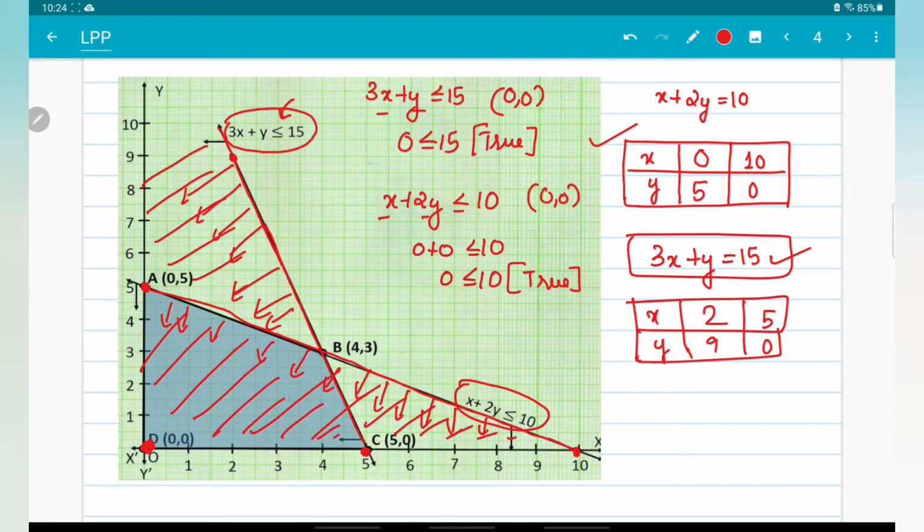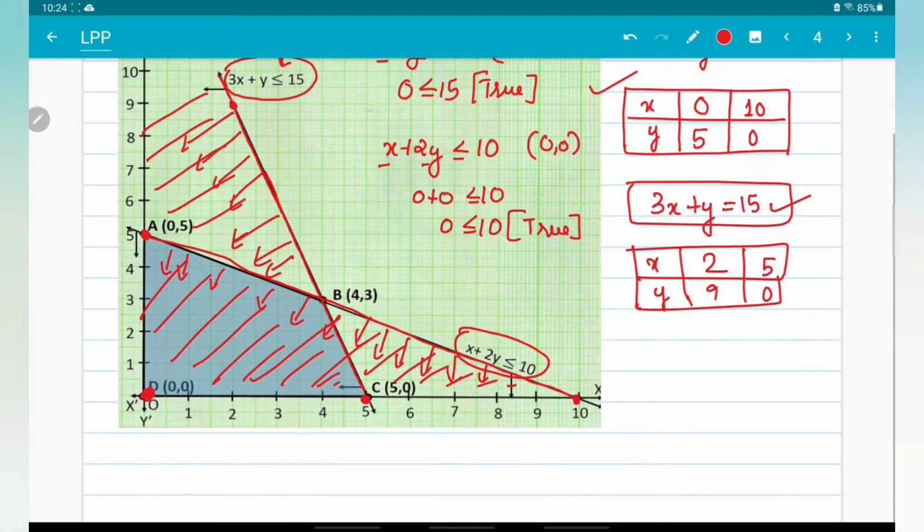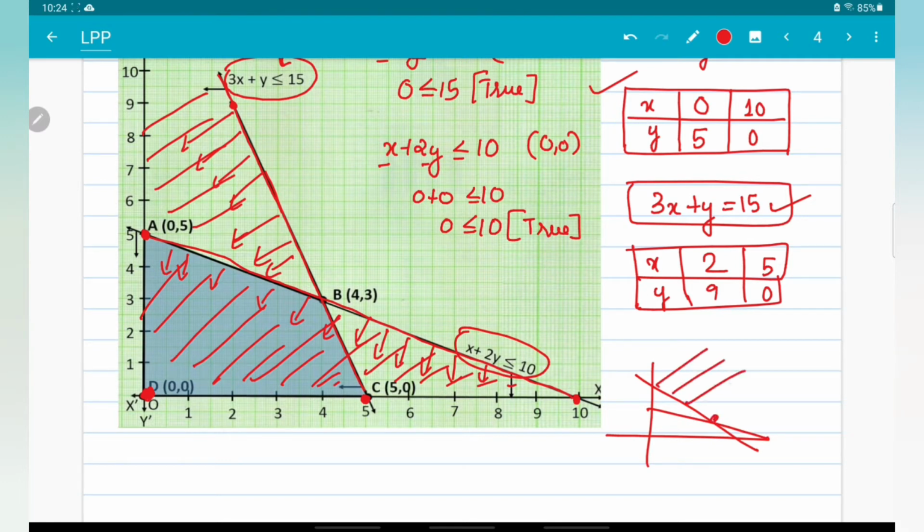And this is called a bounded region. Now if in case it was false, and it comes something like this, these are my two lines, and here it is bounded. But if the statements are false and you have to shade towards this side, then this becomes an unbounded region.